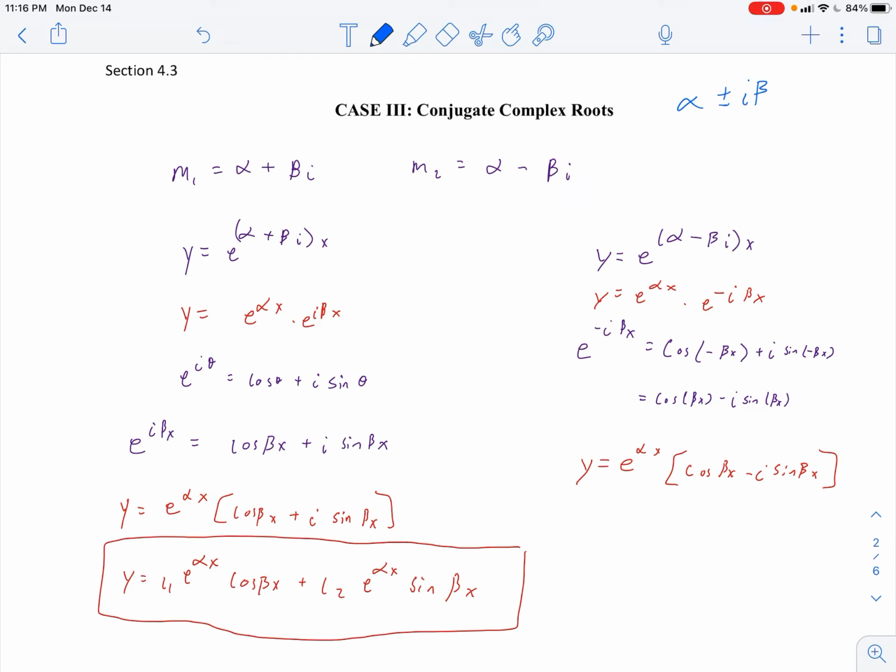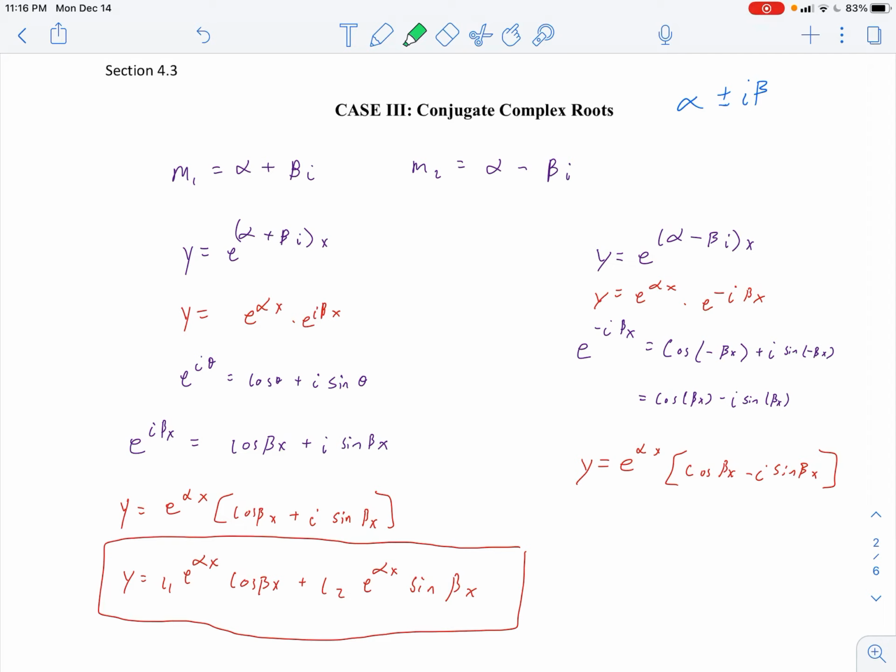Alright, if this is the case, we're just going to do the same thing that we did. We're going to have y equals e to the m value, which is alpha plus beta i, times x. Now, one way that we can rewrite this is because it's addition in the exponent, that can turn into multiplication. So we're going to go ahead and do that.